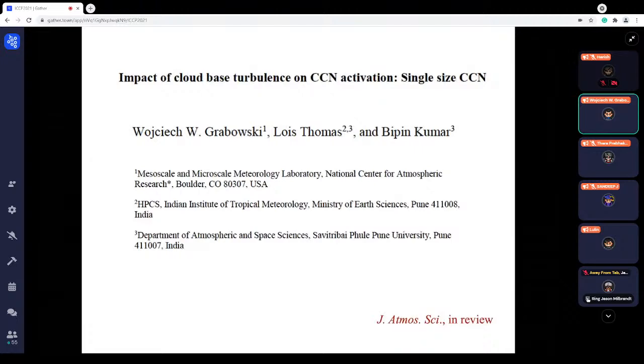For my Indian colleagues, of course, you know Lois, you know Bipin. Others may not know them, but we're working together, and that's part of Lois' PhD studies. We're looking at activation of CCN at the cloud base, and we're looking at the impact of turbulence. Initially, we're looking at just one CCN size.